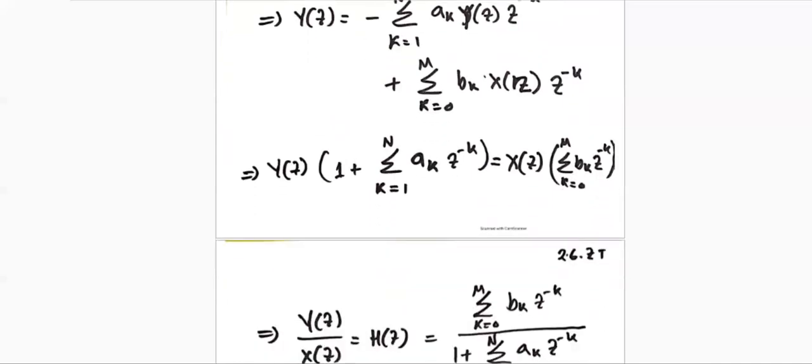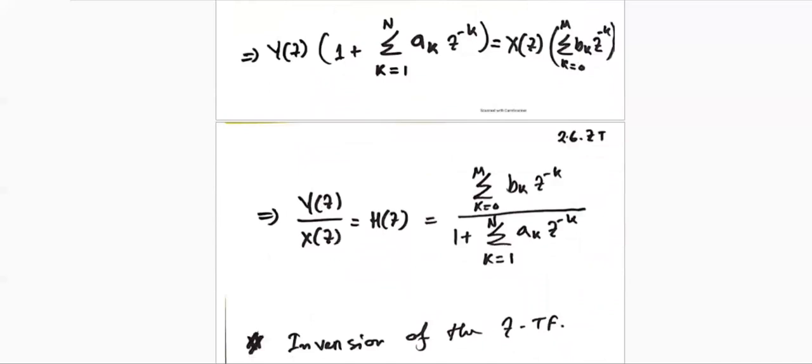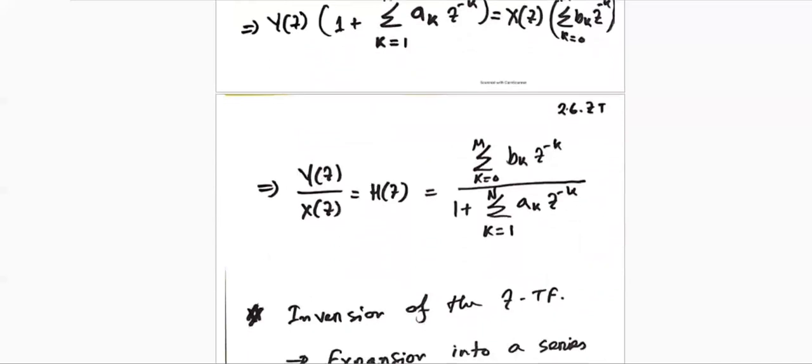Now from this equation, if we extend this a little bit, we have found this. That means Y divided by X, which is the response of the system, is equal to this, where this shows the zero locations and this shows the pole locations. We have already mentioned this kind of equation.